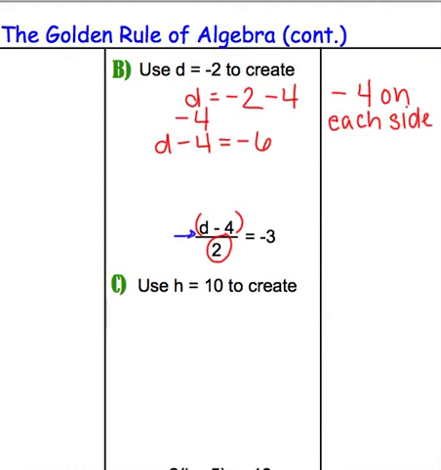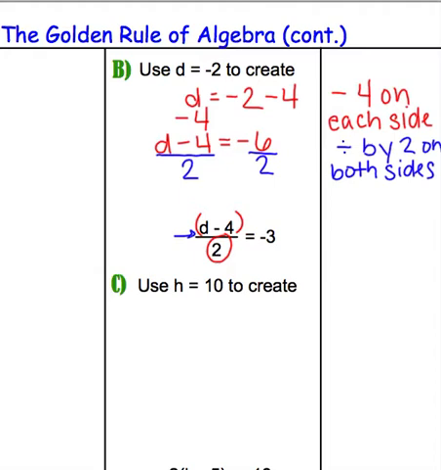So then when I look here, I still have this divide by 2 that's right here. So what I am going to do now is, by order of operations, divide by 2 on both sides. And if you want to use a division sign instead of the fraction bar, that is fine with me. But I'm going to write divide by 2 on both sides. And then I will once again simplify.